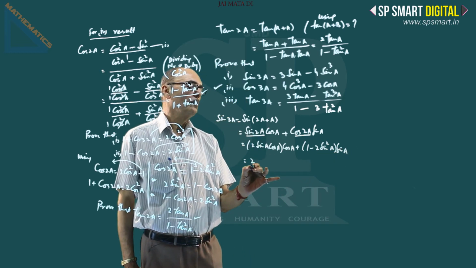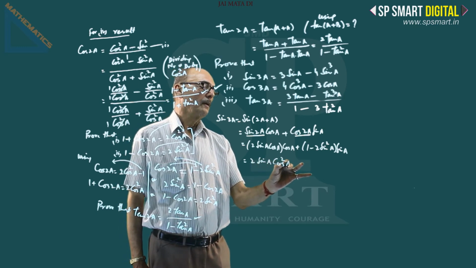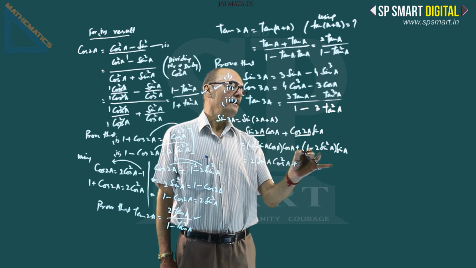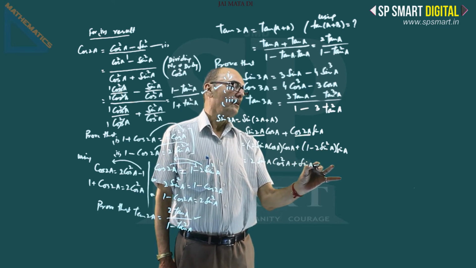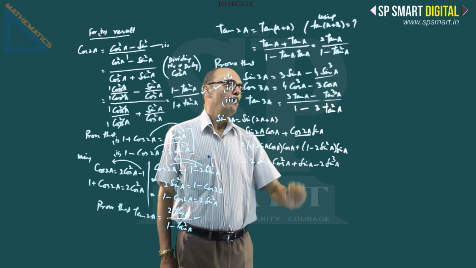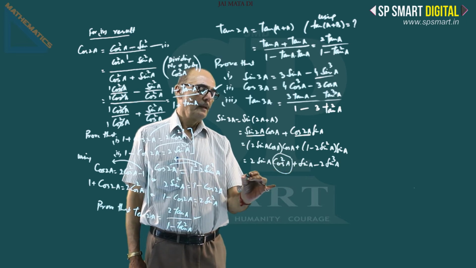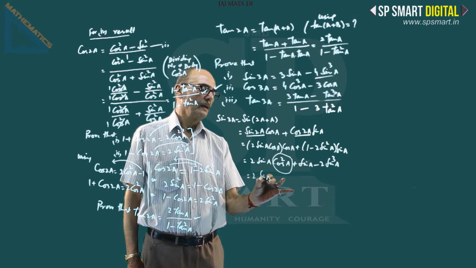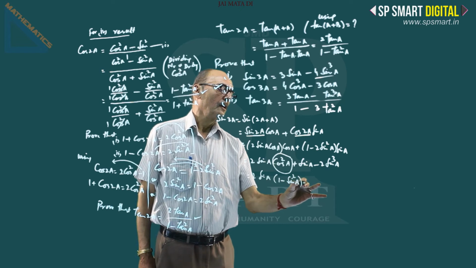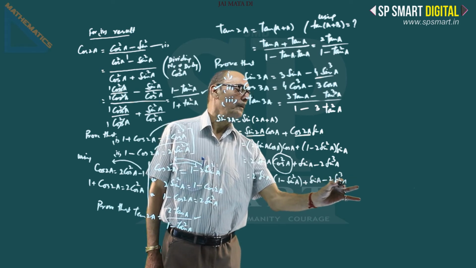Further, this is 2 sin of A into cos square A plus sin A multiplied by 1, sin of A minus 2 sin cube A. We require here 4 sin cube A. So, you change this cos square A in terms of sin as 2 sin of A into 1 minus sin squared A plus sin of A minus 2 sin cube A. Open the brackets.